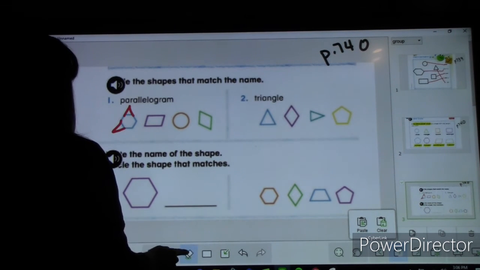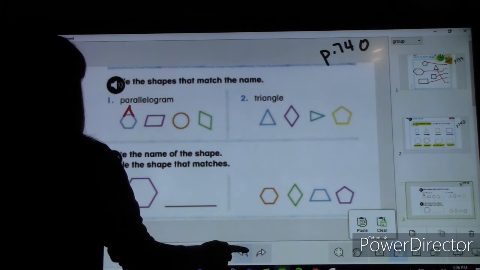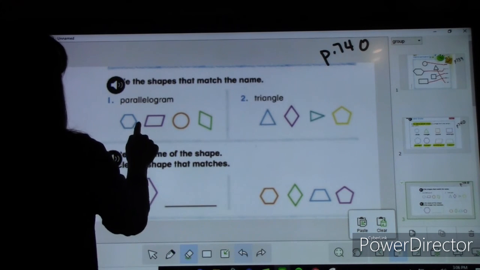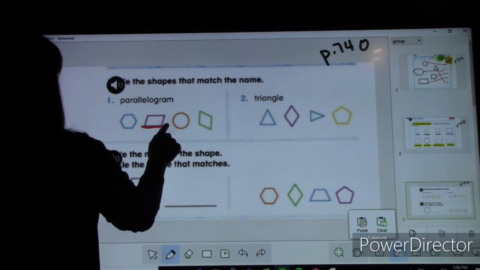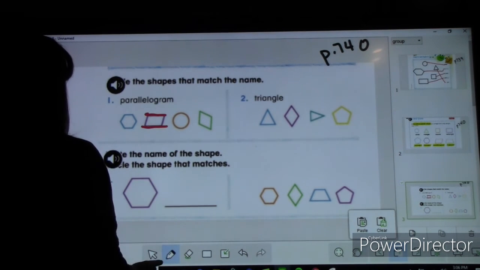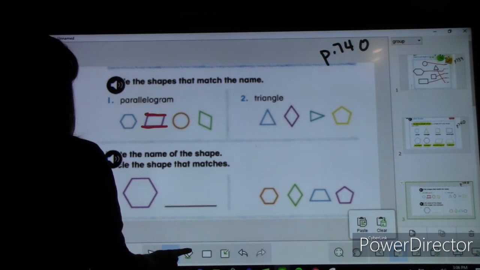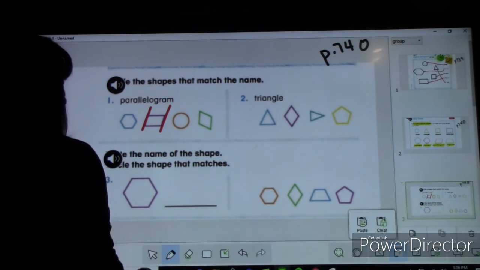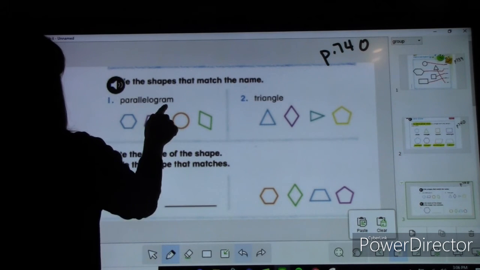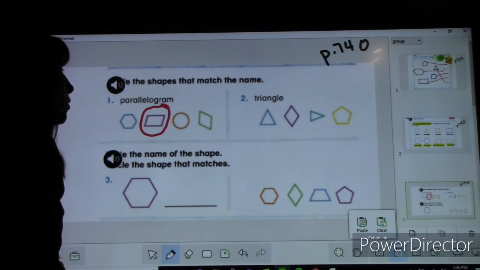Okay, so that is not going to be a parallelogram. The next shape does have 2 parallel sides horizontally and 2 parallel sides vertically. So that is going to be a parallelogram.